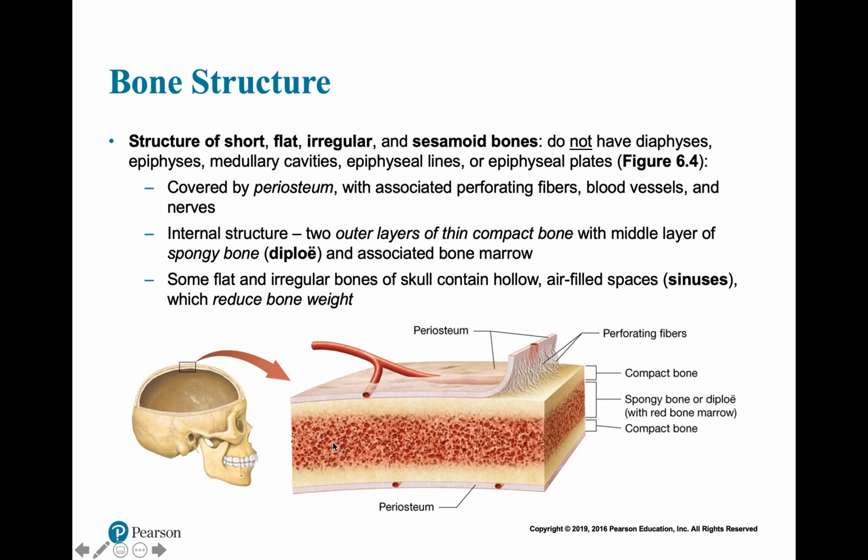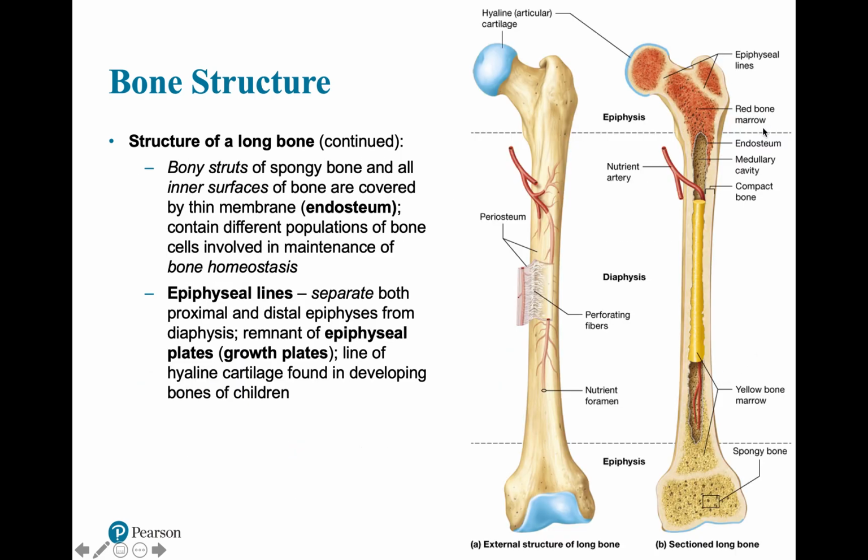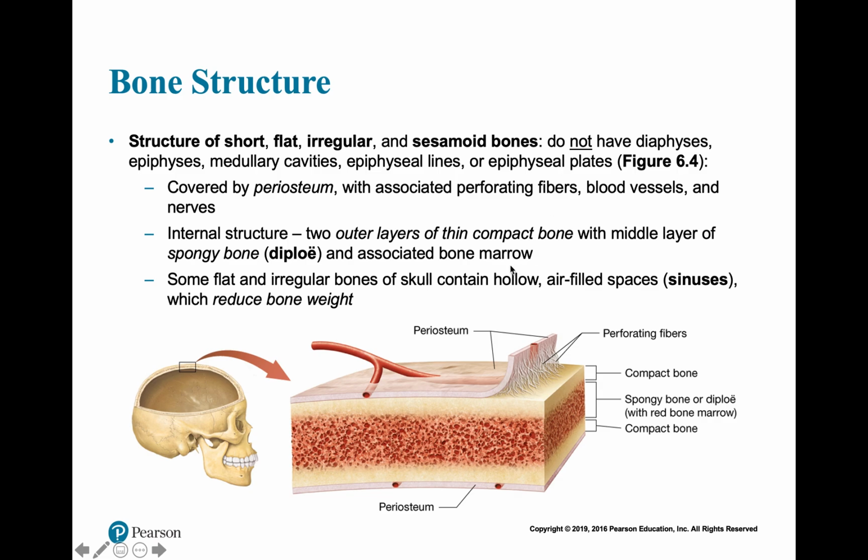As for the internal structure, it looks kind of like a sandwich. We still see compact bone on the outside and spongy bone on the inside, like we see in the long bones. Compact bone is around the periphery, and sandwiched in between the two layers of compact bone is our spongy bone. Remember, spongy bone looks spongy in structure.